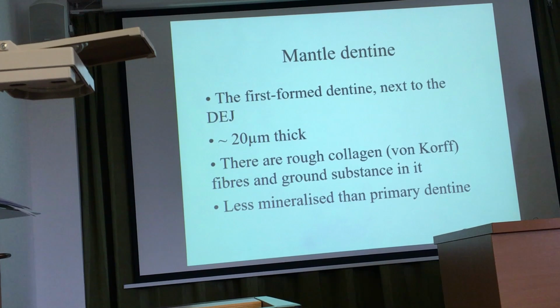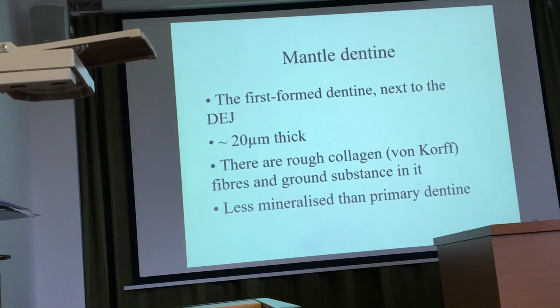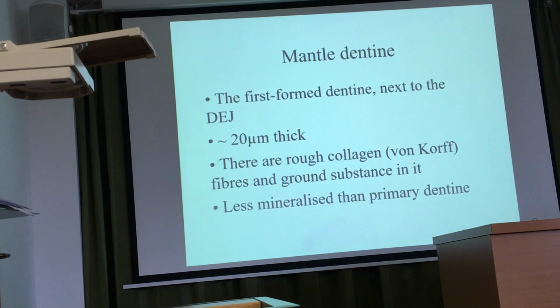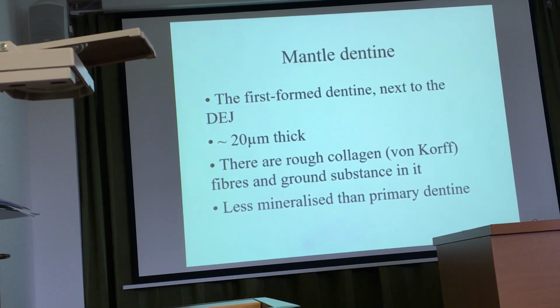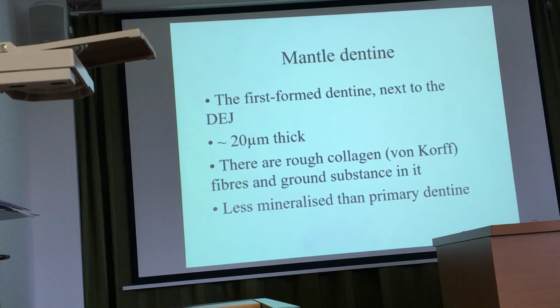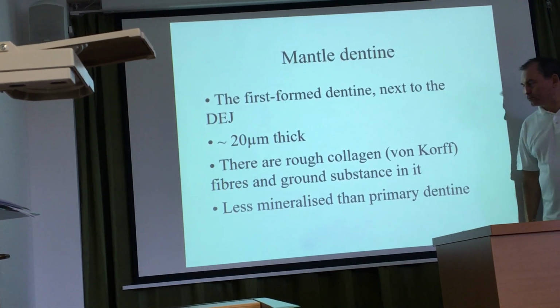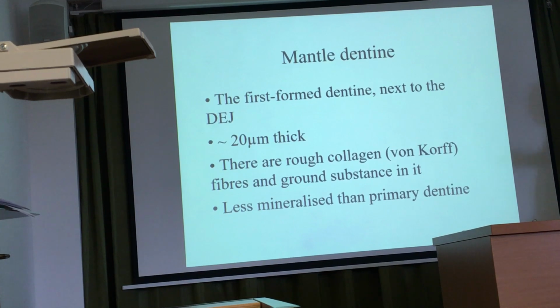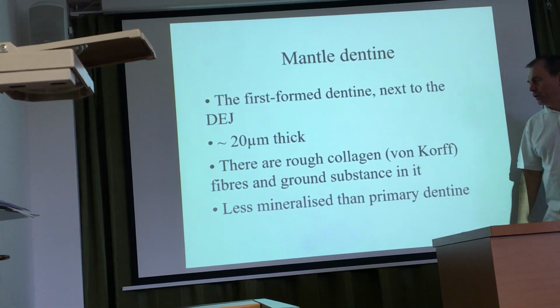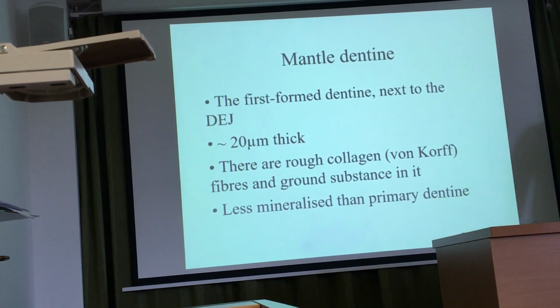The tubuli are not found in dentin which is less mineralized, because the tubular structure is here when the dentin is well mineralized. But in this dentin, the mantle dentin, no tubular structure, but so-called Korff fibers.